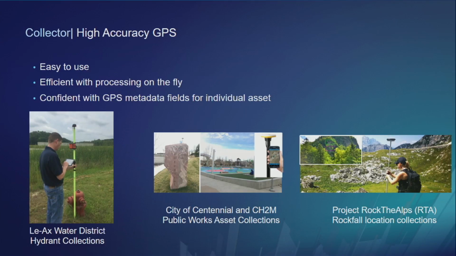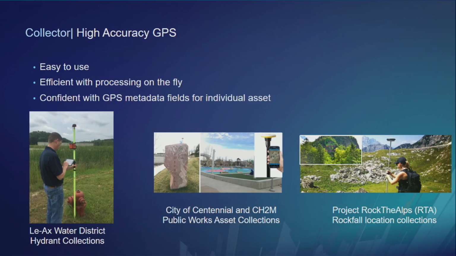And the third one is about a project in the Alps. Basically they would like to collect rockfall locations to analyze the activity in the Alps. Because they are researchers, the location of those rockfalls is quite important to validate their models.